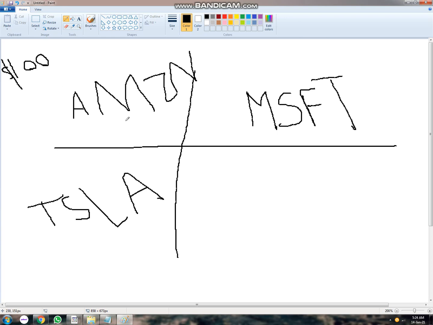So let's say you think that Microsoft would go up by 40%, then give most of your amount to this particular stock, and the rest 20, sorry, it's dollar, yes, it's dollar.